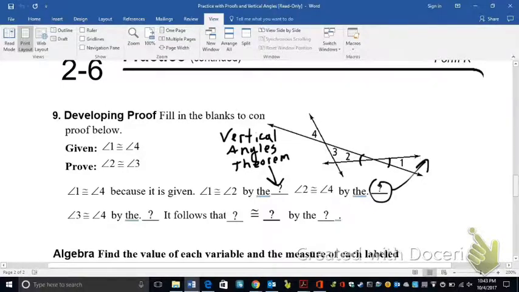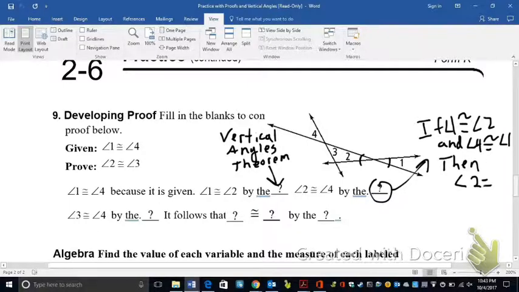Now here, what we're really saying is if angle 1 is congruent to angle 2, and angle 4 is congruent to angle 1, then angle 2 is congruent to angle 4.